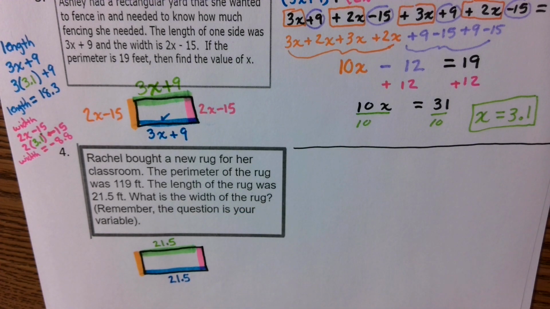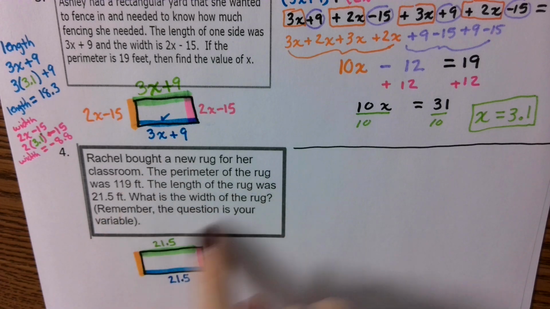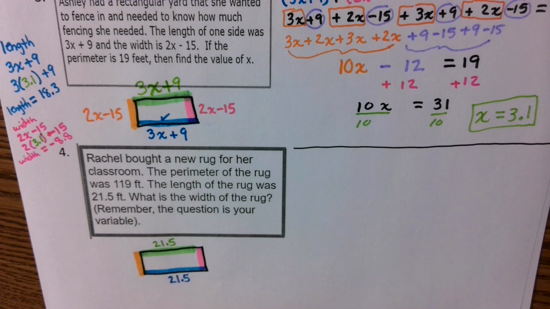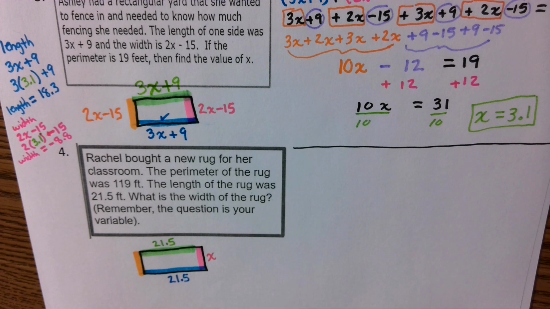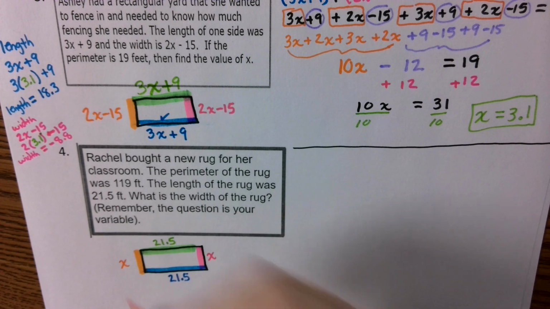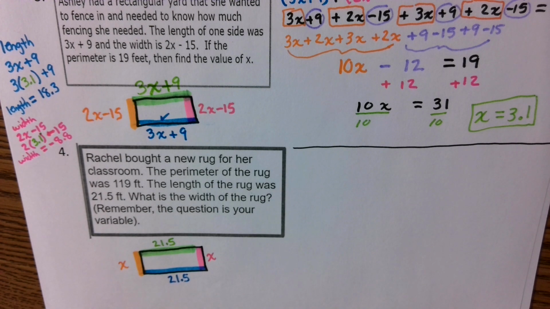Now it says, what is the width? Did they tell me a measurement for width in the problem? No, they didn't tell me any measurements. So when we don't know, what do we put? An X. So for pink, we're going to put X. For orange, we're going to put X. Okay, so let's write it out.